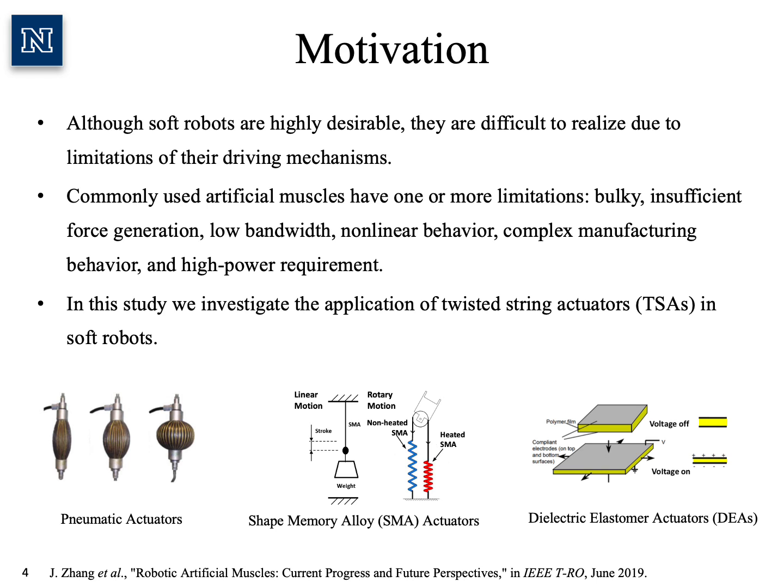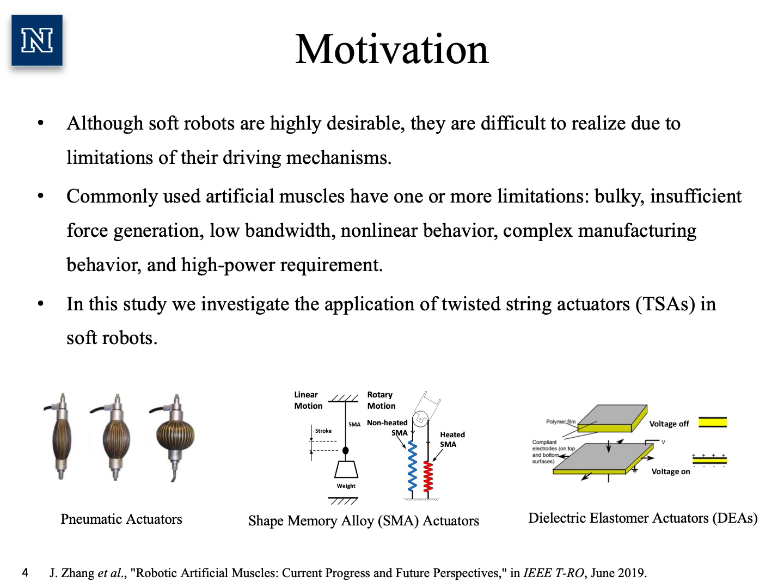Similarly, shape memory alloy actuators produce low forces and have low bandwidth and highly nonlinear behavior. Furthermore, since SMAs utilize thermal actuation, they could potentially damage the body of the soft robot in which they are employed. Likewise, dielectric elastomer actuators require complex manufacturing procedures which could be difficult to realize.